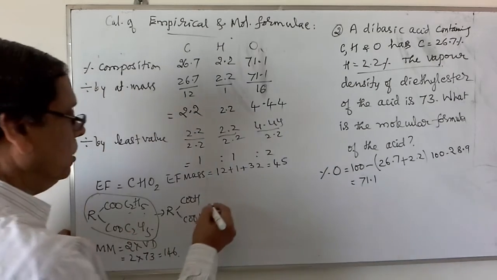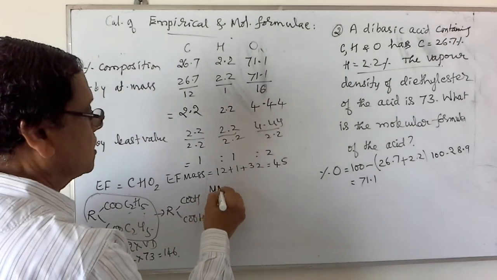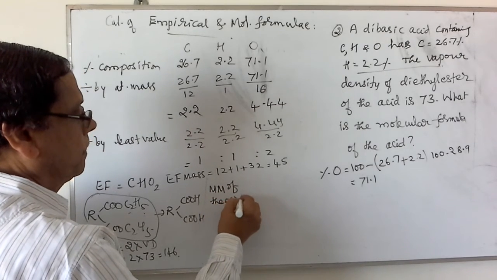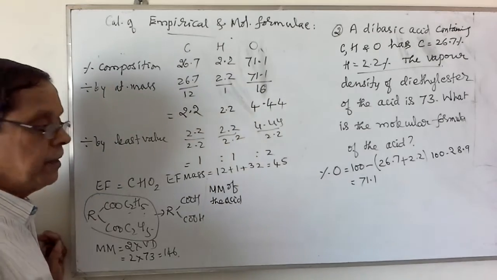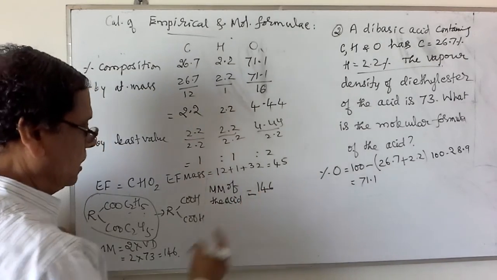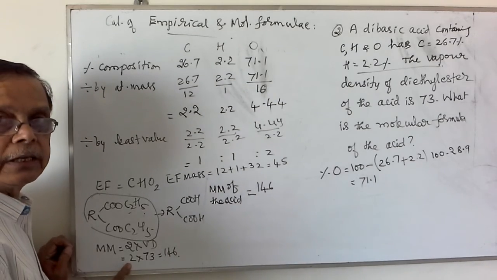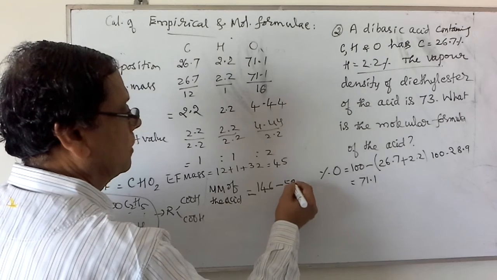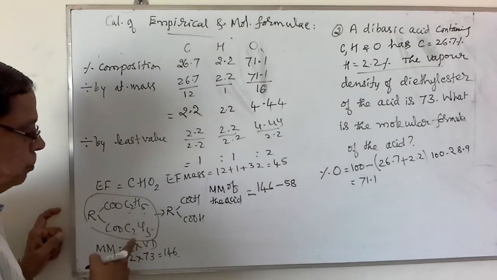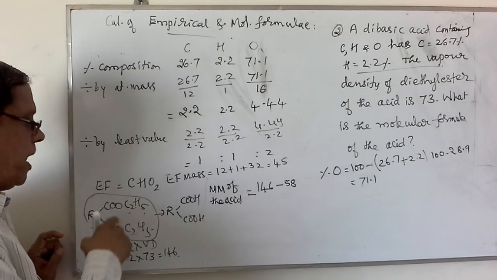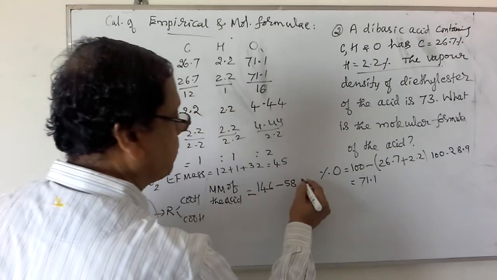Therefore, the molecular mass of the dibasic acid is equal to 146, the molecular mass of the diethyl ester, minus 58 because we are subtracting two ethyl groups, 29 plus 29, and we have to add two hydrogen atoms, therefore plus 2.